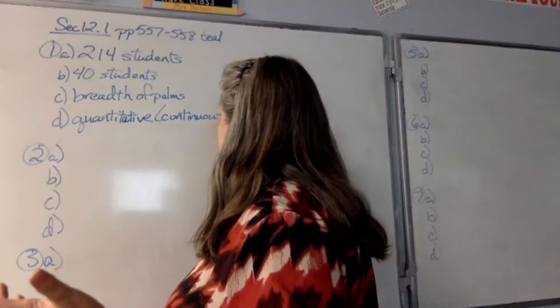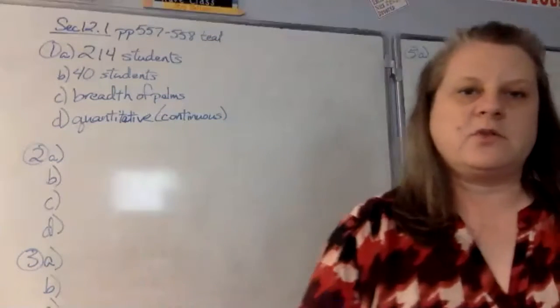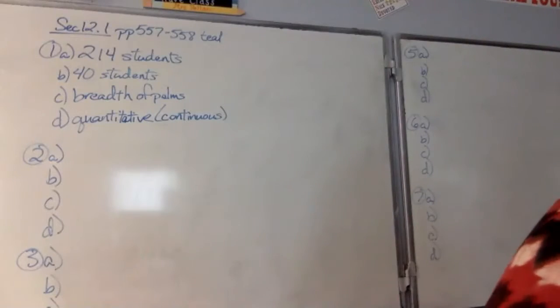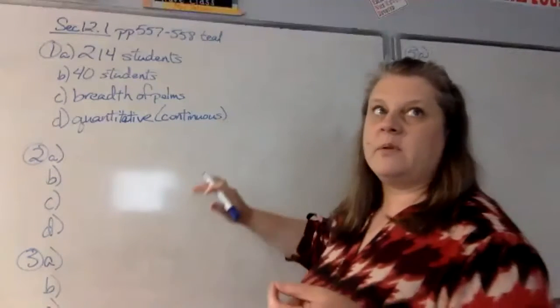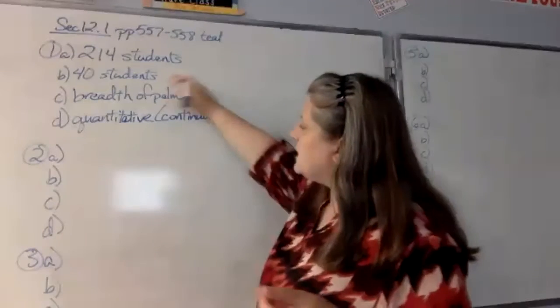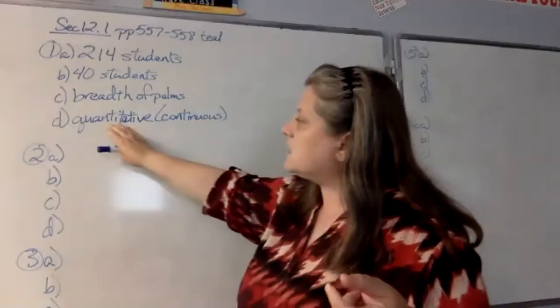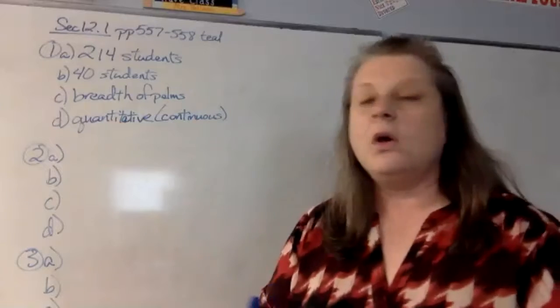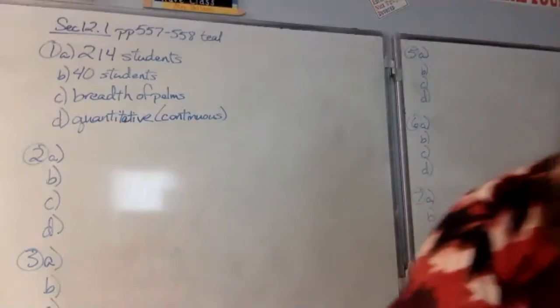Continuous. So if it's quantitative, you also have to tell whether it was discrete or continuous. Okay? So this is what we're doing on number 1, 2, and 3. You're labeling your population, your sample, what they're actually looking at, and then figuring out whether it's quantitative, a number, or qualitative, a category. Okay?